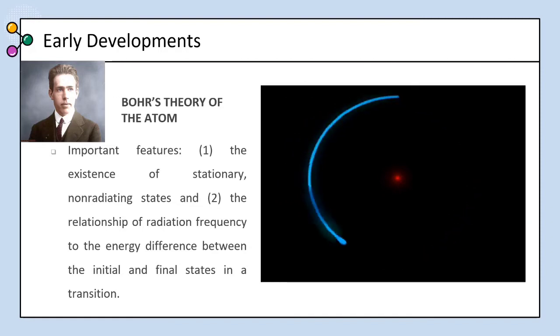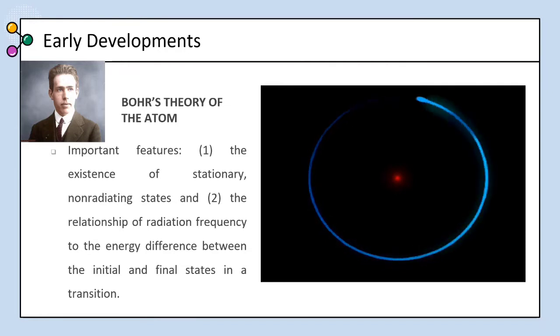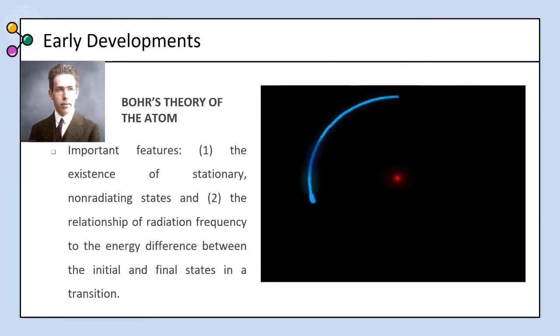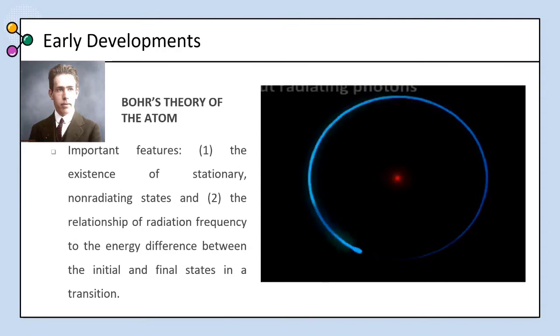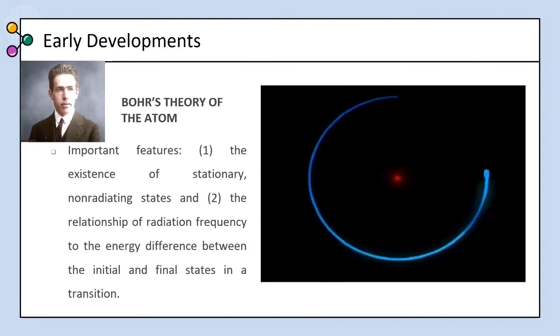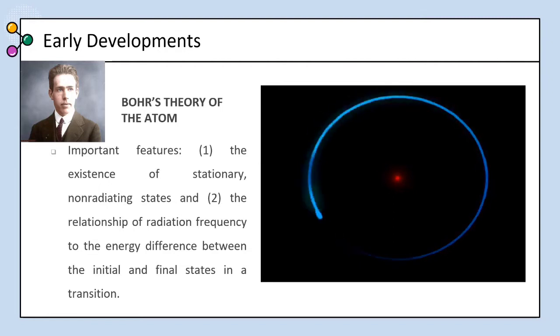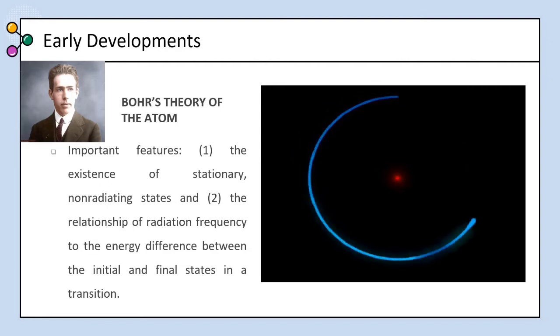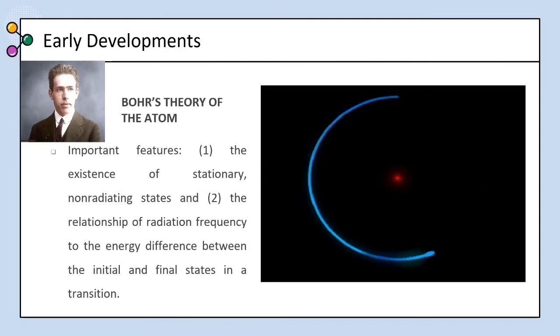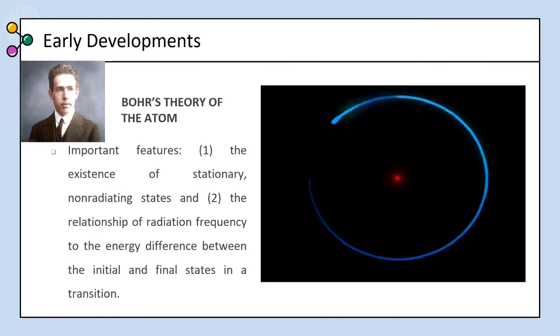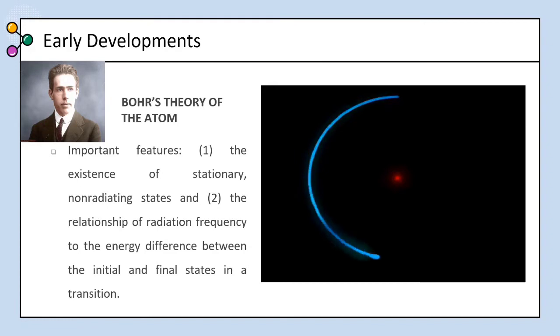The existence of stationary, non-radiating states, and 2. The relationship of radiation frequency to the energy difference between the initial and final states in a transition. Prior to Bohr, physicists had thought that the radiation frequency would be the same as the electron's frequency of rotation in an orbit.